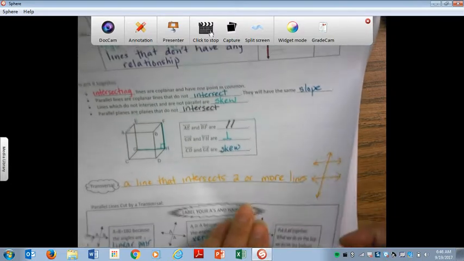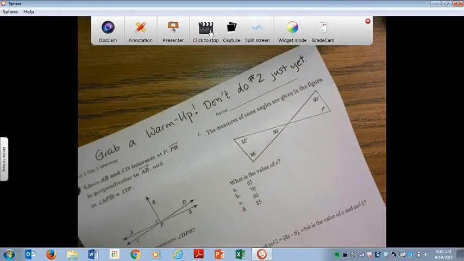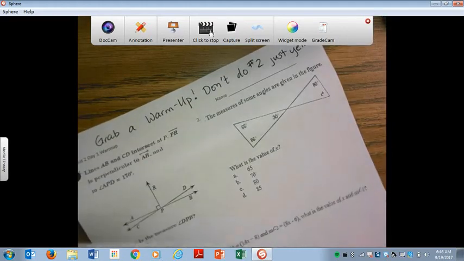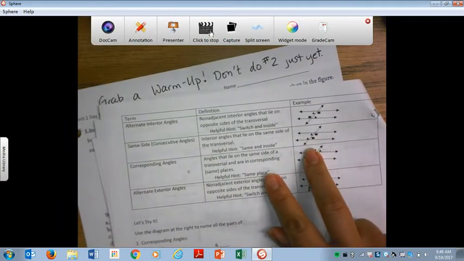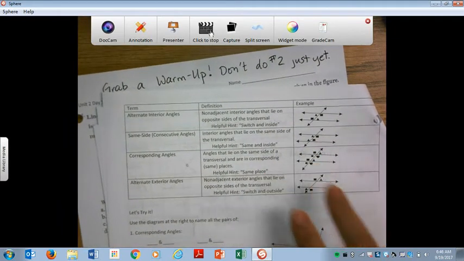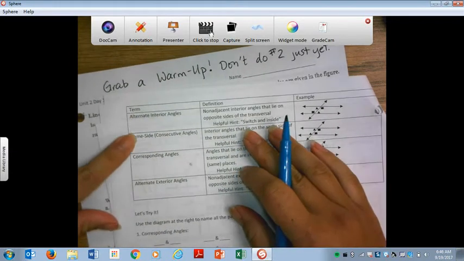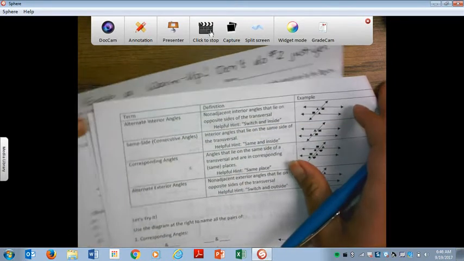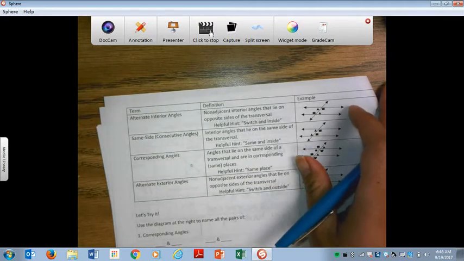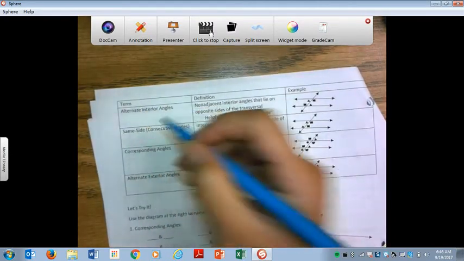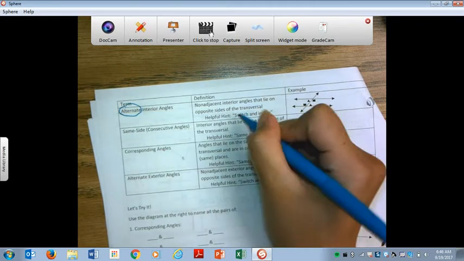Now we're going to look at different angle relationships. So, alternate interior angles, okay. Again, for these terms, you're going to use the words. So, alternate means to switch.